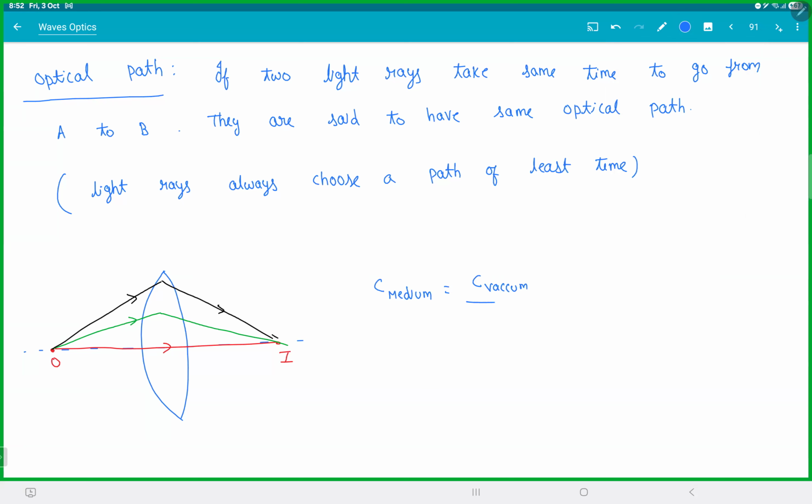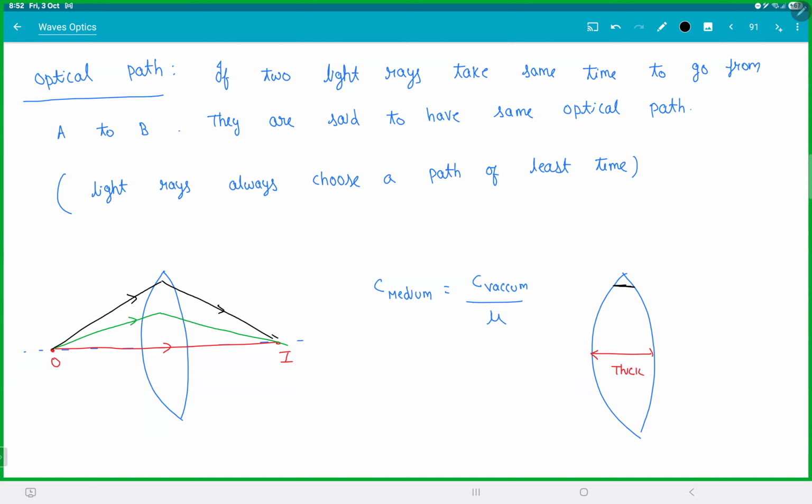Light travels slower in a medium. So when you take this lens, even though the red one is traveling less, you can see this is more thick, isn't it? You're making the red one travel more distance inside the lens, whereas this black one is traveling less distance inside the lens. So even though the red travels more, it slows down a lot inside the lens. So overall, the time taken will be the same.